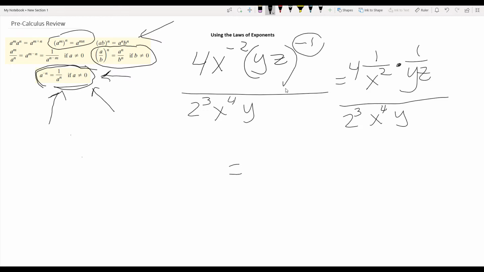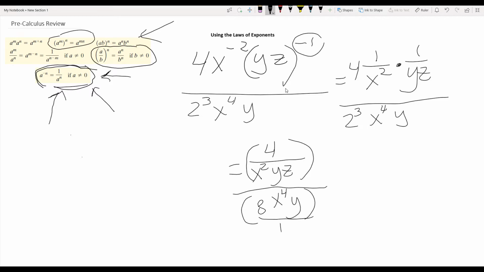So now let me simplify this a little bit. 4 over x squared y z. Okay, all of that divided by, what is 2 to the third power? That is 8. x to the fourth times y. Remember, this has 1 in the bottom, as to make it more simple.